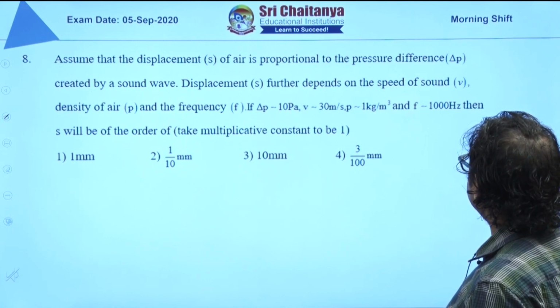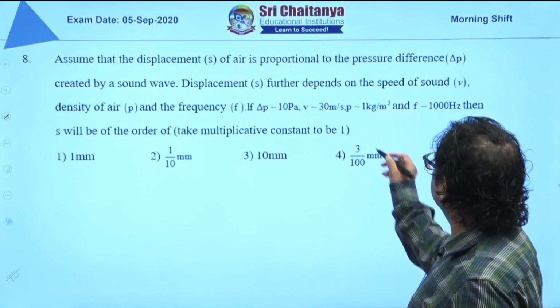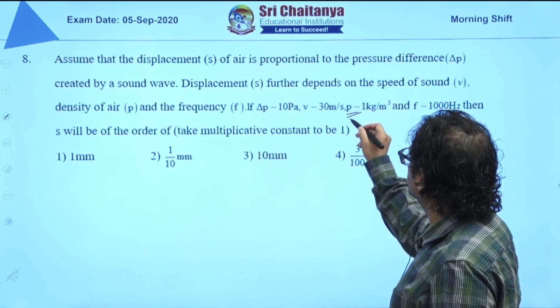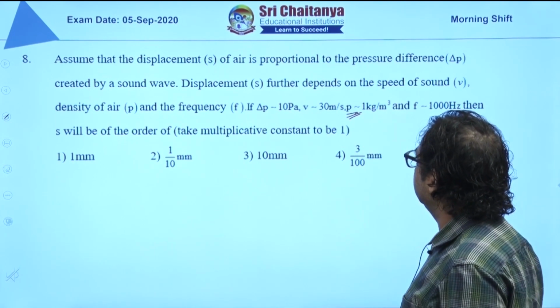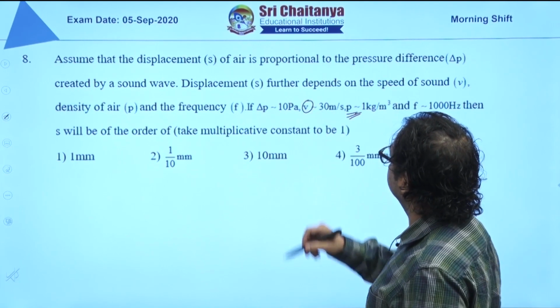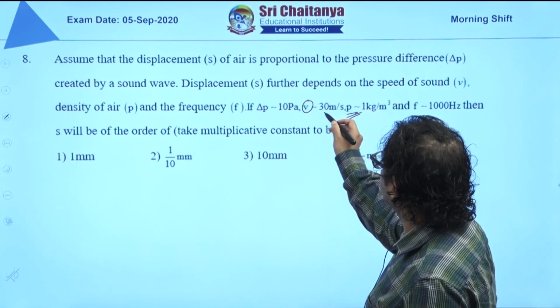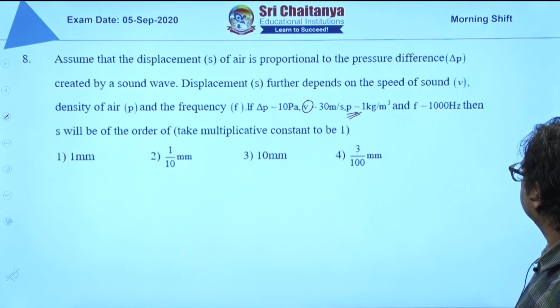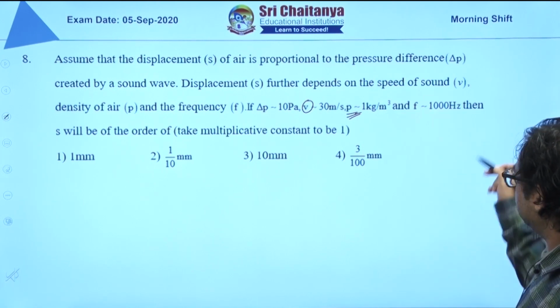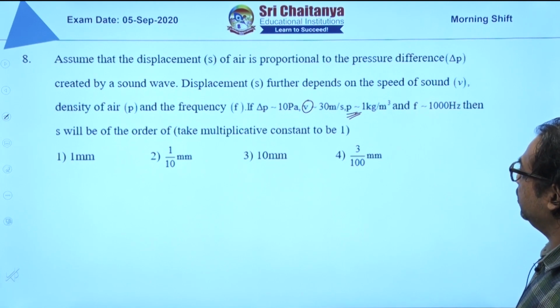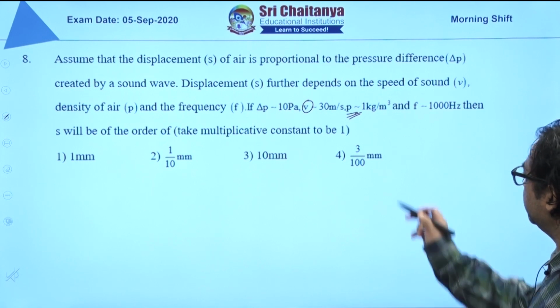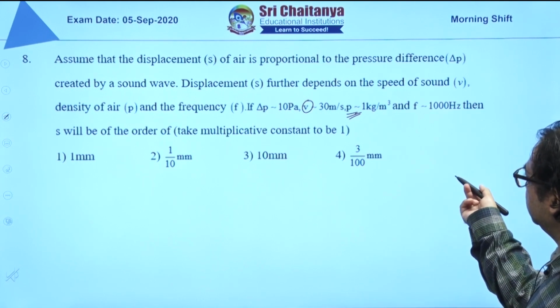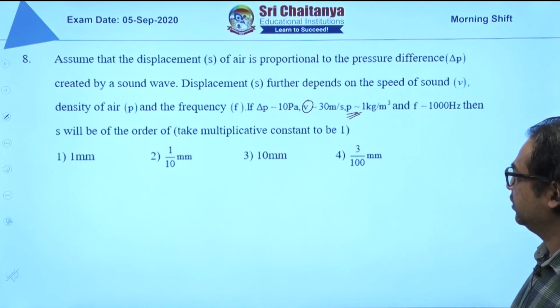So, this is your density, you should keep it, make it clear, and this value is, velocity is not 30, rather 300 meter per second. So now frequency is your 1000 hertz. What will be the order of the multiplicative constant? Okay, take multiplicative constant to be 1, right.